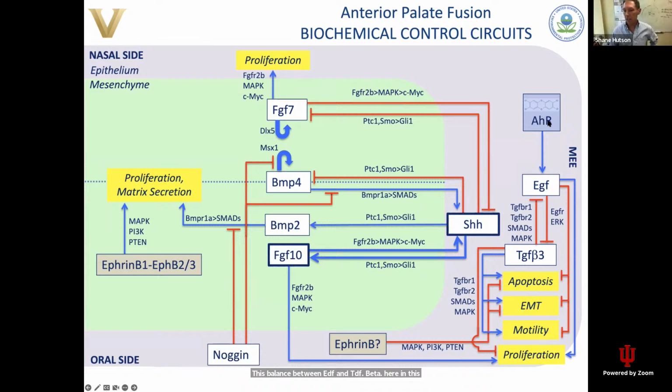So if AHR is present and activated, then it increases the expression of the EGF receptor, and that makes the cells more susceptible to EGF signaling. And it sort of pushes this switch towards EGF being the one to go high. And if it does that, then it suppresses all these behaviors, apoptosis, EMT, motility, and the seam doesn't disintegrate then.